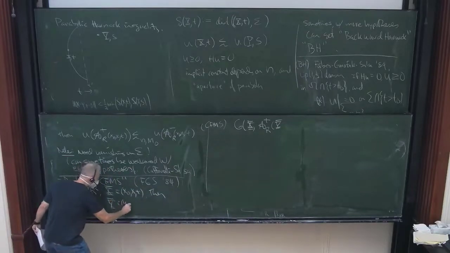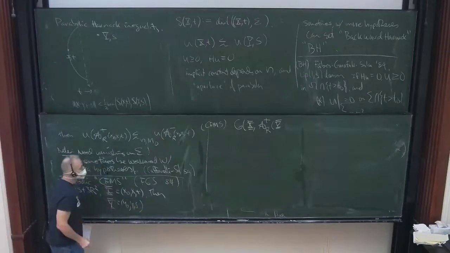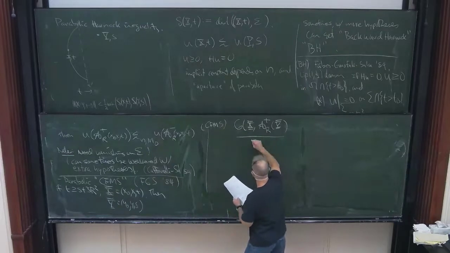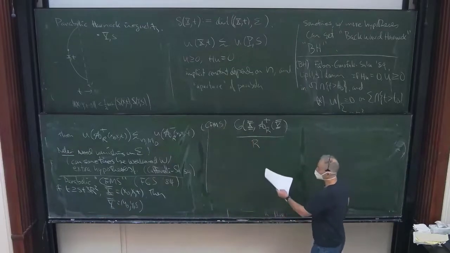It's (Y naught, Y, S). Okay, we're at scale R, so we divide by that scale.